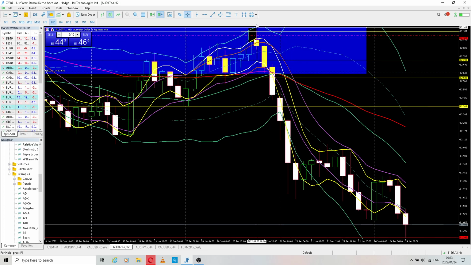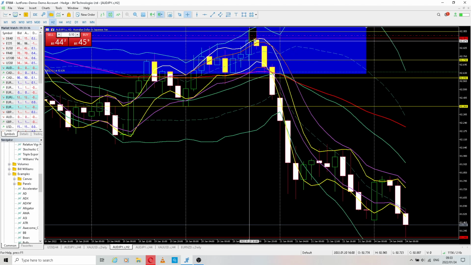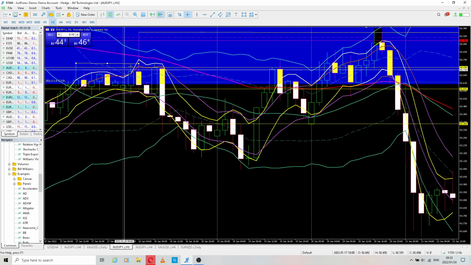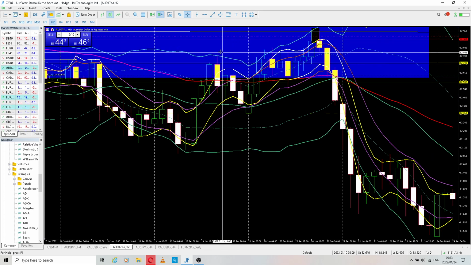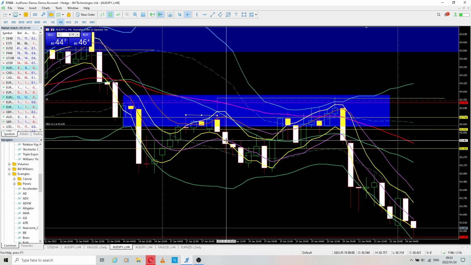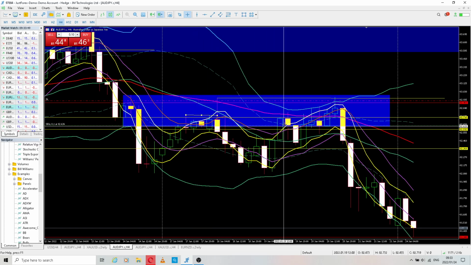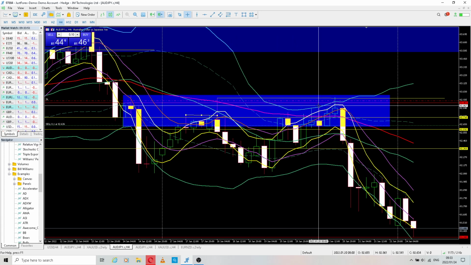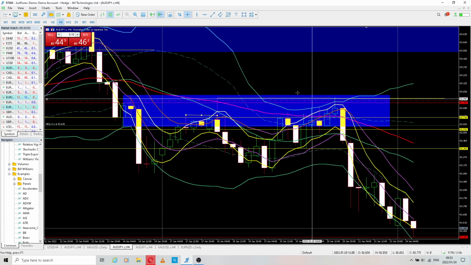So this was a re-entry for daily. This was a re-entry for H12. This, I'm not sure if this re-entry was something to... okay, so this was that. Then here, this one was taken out by this one.